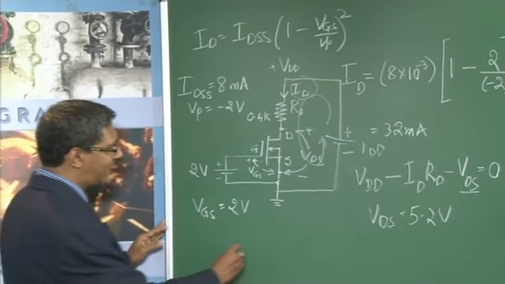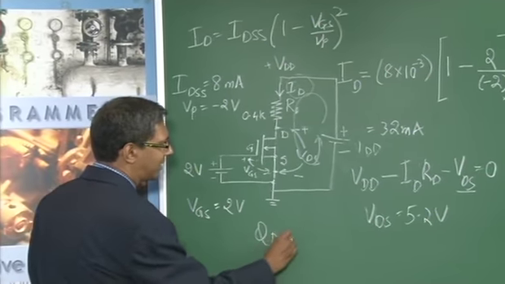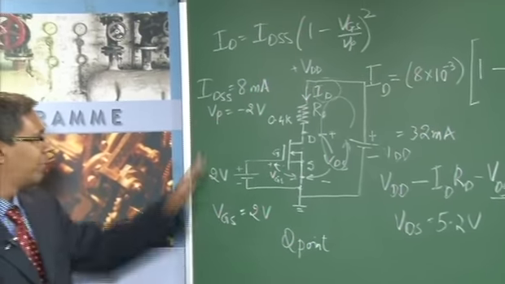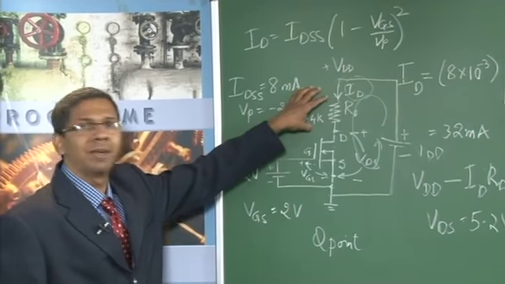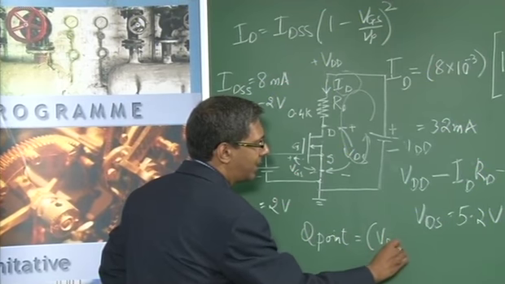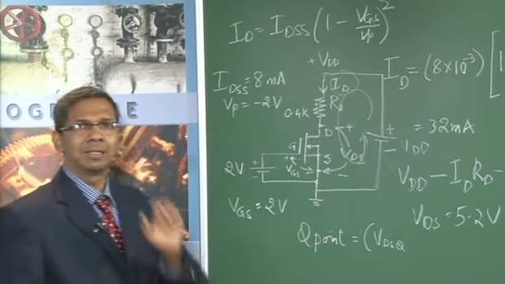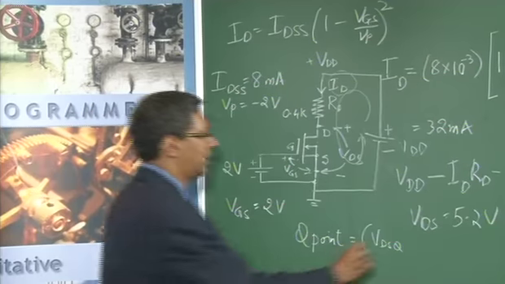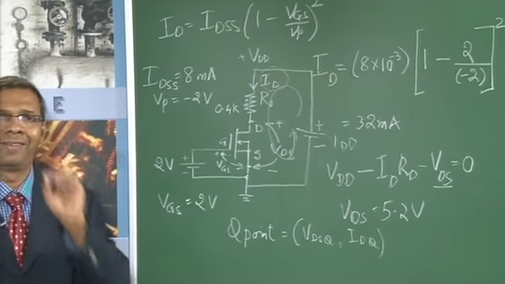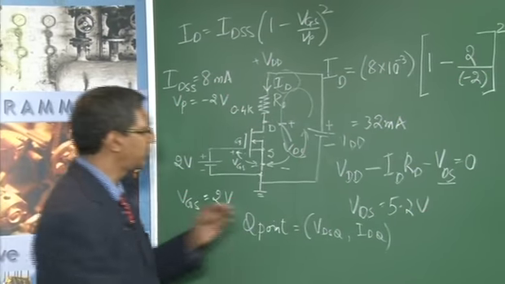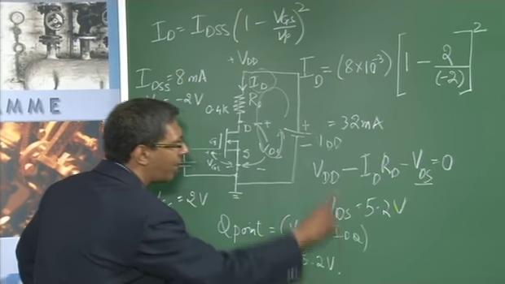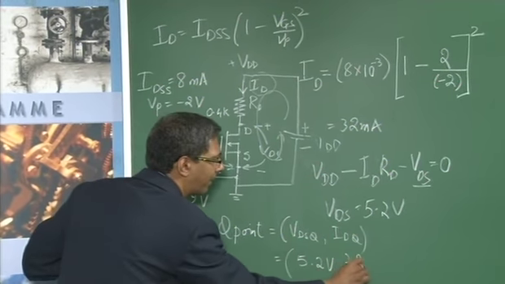We write the answer as the Q point, which is nothing but your operating point or the bias point for this circuit with this value of resistor. We write it as VDSQ, which is the value of VDS at the quiescent point, comma IDQ, which is the value of drain current at the Q point, which happens to be in our case 5.2 volts, comma 32 milliampere.